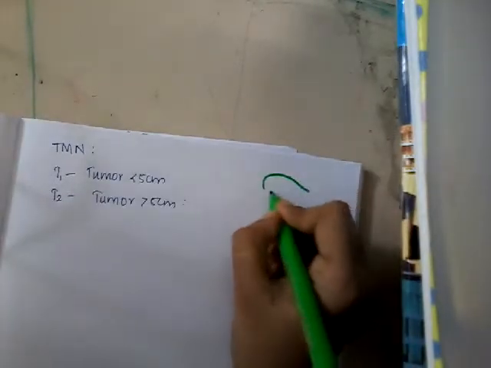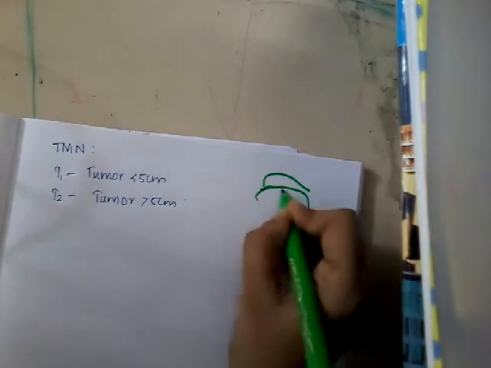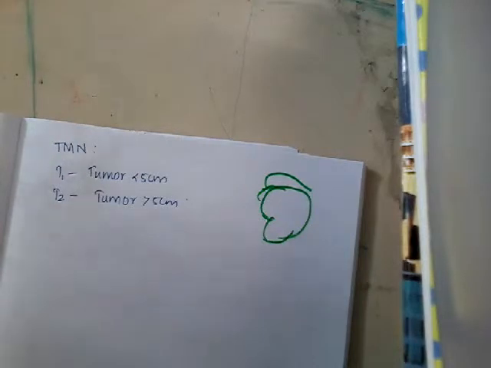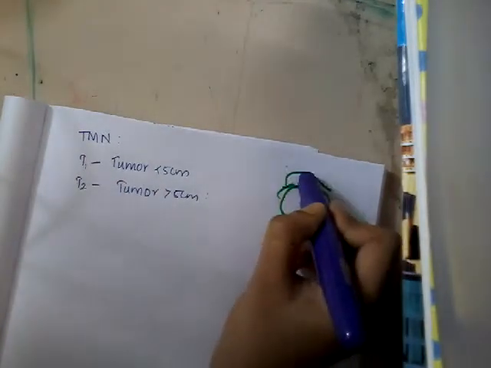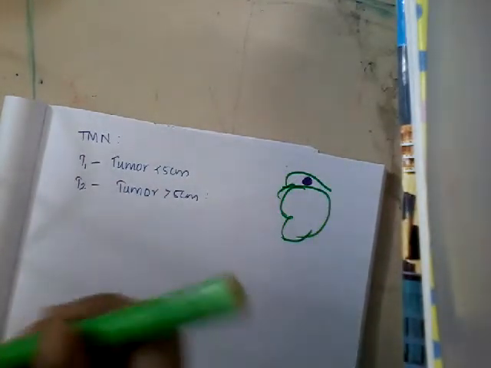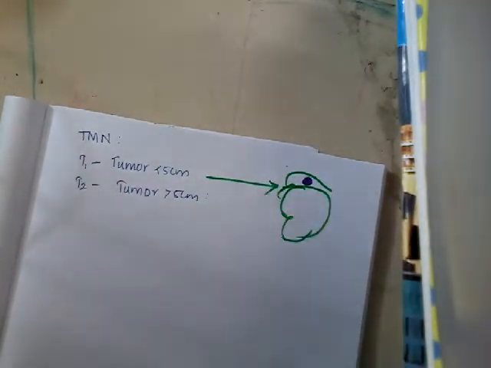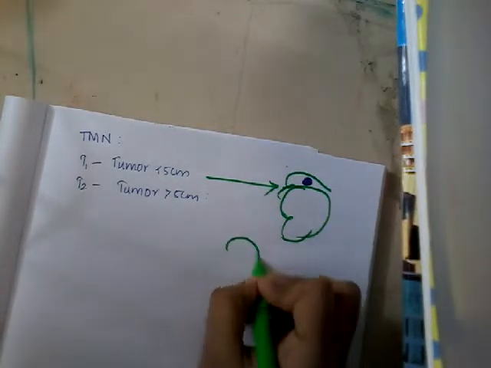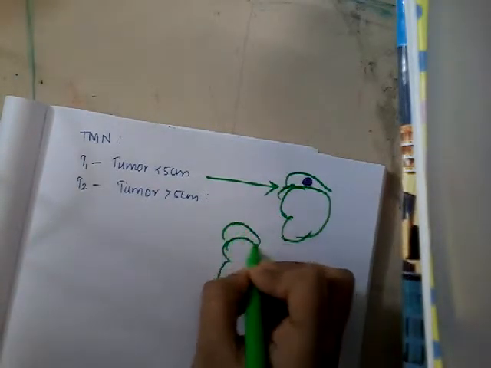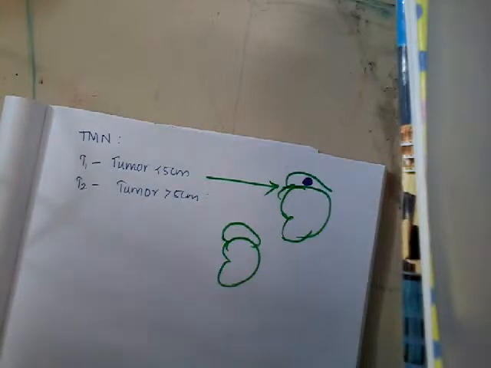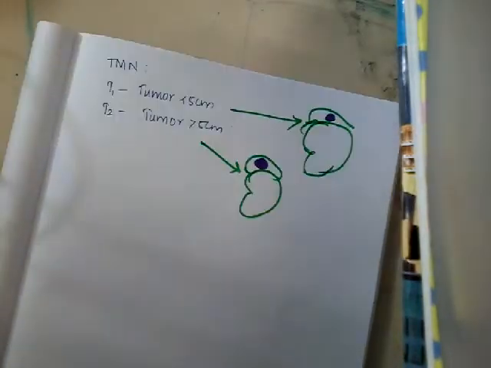If this is the adrenal gland and kidney, and this is the tumor, if the tumor is less than 5 centimeters, that is T1. If the tumor is a little more than 5 centimeters, that is T2.